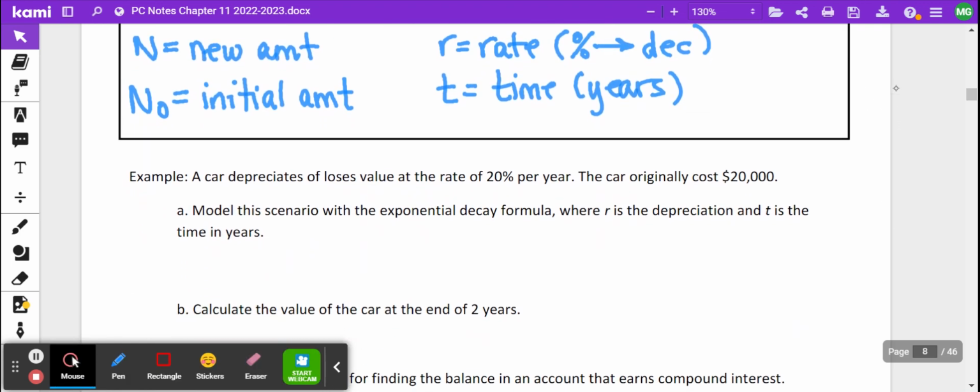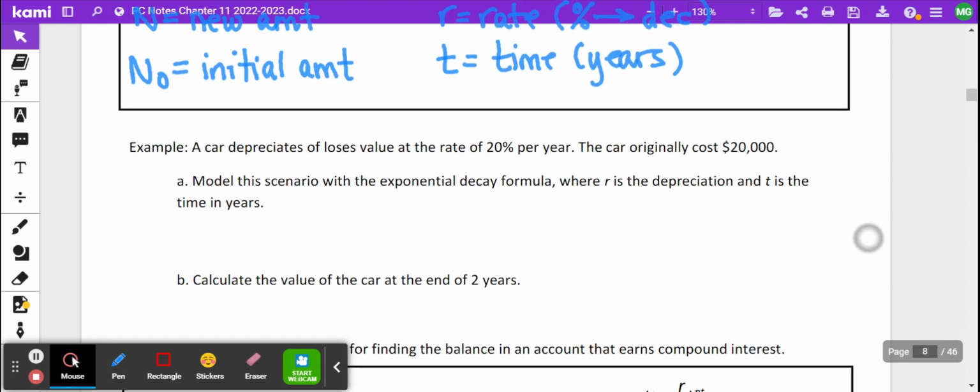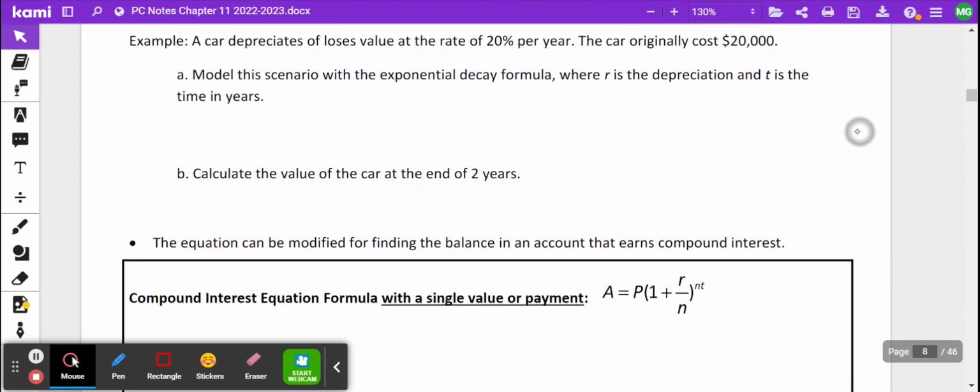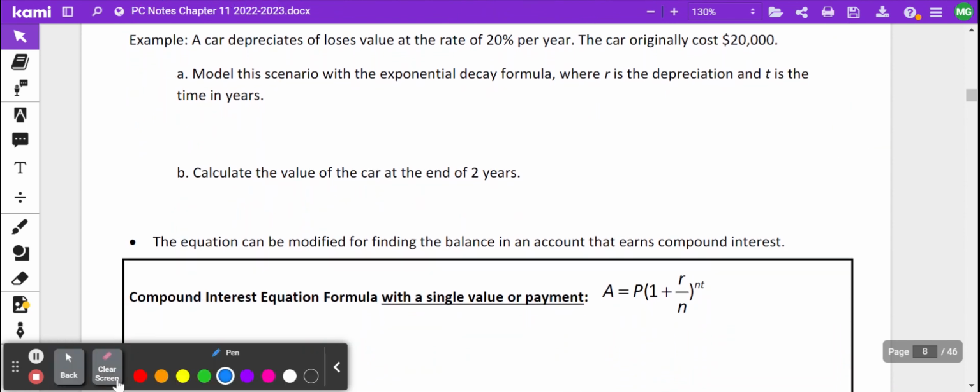So here's a simple example. Notice that it says a car depreciates, or loses value, at a rate of 20% per year. The car originally cost $20,000. So we need to model the scenario with the decay formula, the one we just talked about, where R is depreciation and T is the time in years.